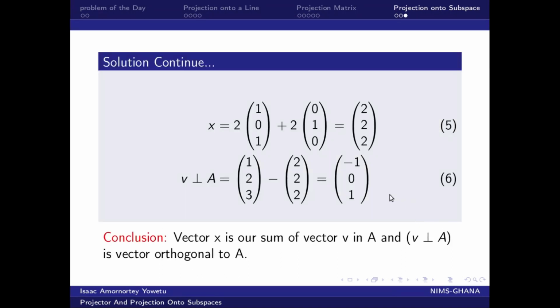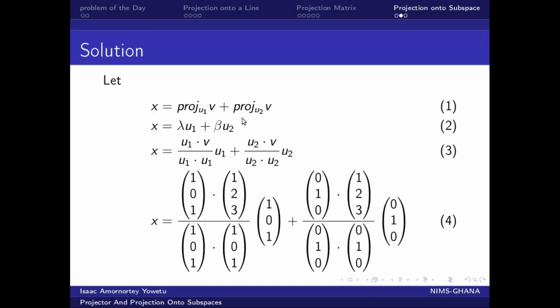We continue with our solution. So the whole of this one gives us 2. If we multiply this one times this one, it gives us 2, and then the whole of this one gives us 1. And the inner product of this one gives us 2, divided by the inner product of this one, which is 1.